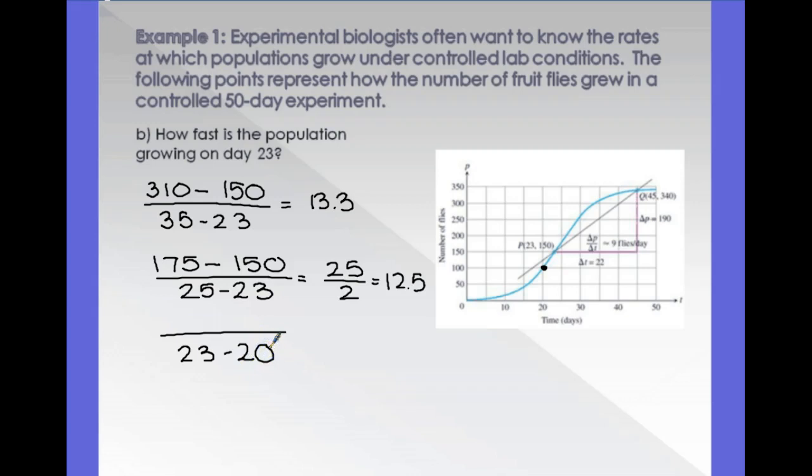We're 3 days away, still pretty close. We know at day 23 it's at 150, and on day 20 it looks like it's at 100. So you get 50 over 3. 3 goes into 50 about 16 times.